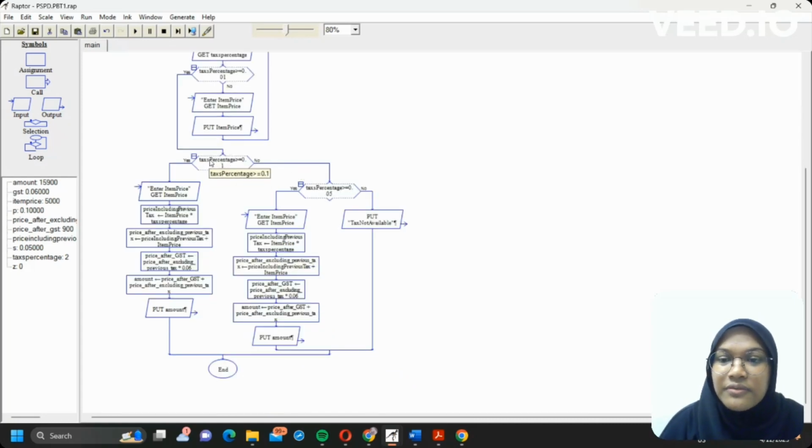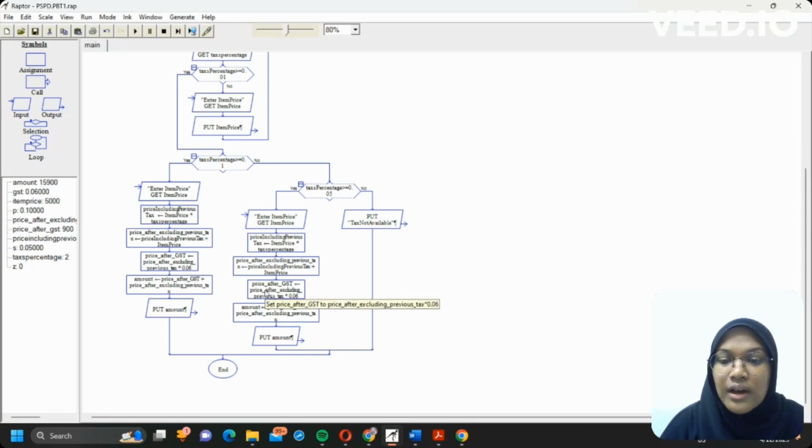Okay, if the tax percentage was not greater or equal to 0.1, then 0.05, it will go to enter item price, and the assignment would be price including previous tax equals item price multiplied by tax percentage. Next is price after excluding previous tax equals price including previous tax plus item price.